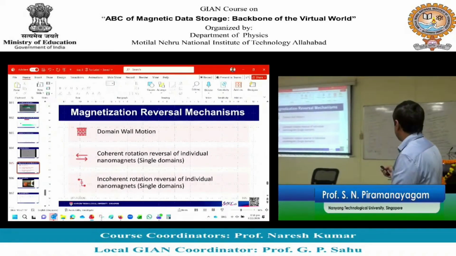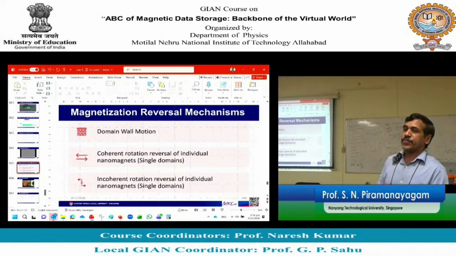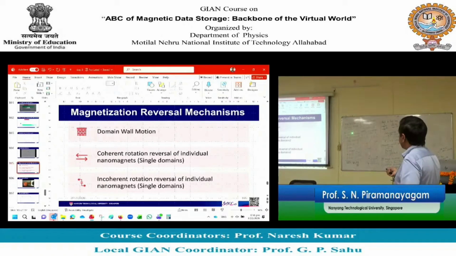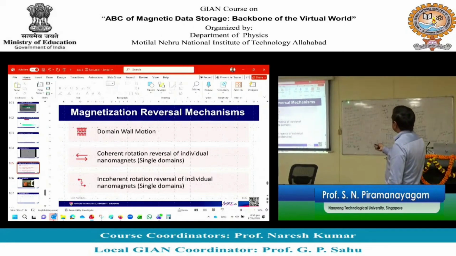For typical soft magnetic materials, the mu r or relative permeability can be like 100, 140. So, you can enhance the magnetic field by a ferromagnetic core.